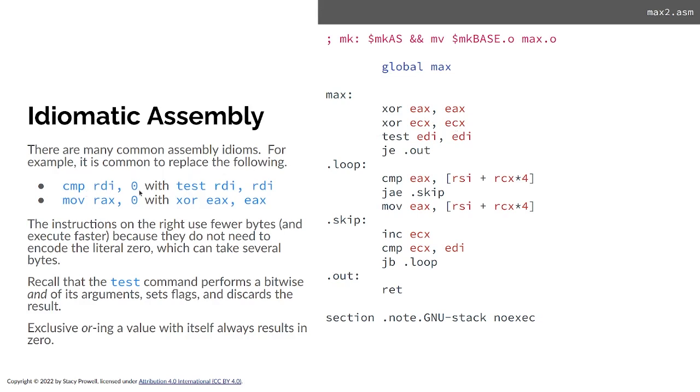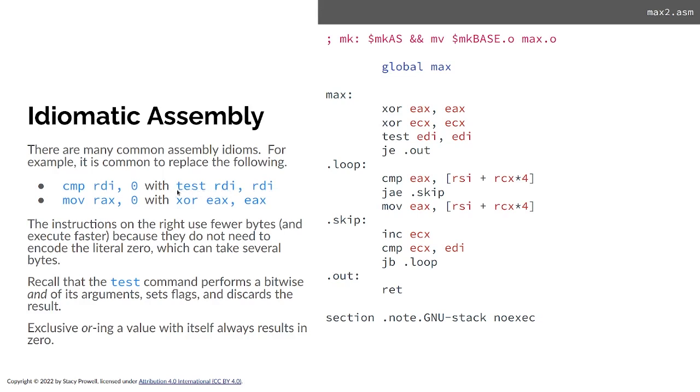Comparing something with 0, we don't do that either. Instead, we do test RDI RDI. We talked about test before. It ANDs a register with some other value. In this case, the register with itself. When is that result going to be 0? If the register is 0 and never any other time. So a way to test if something is 0 is to AND it with itself and see if the result is 0.